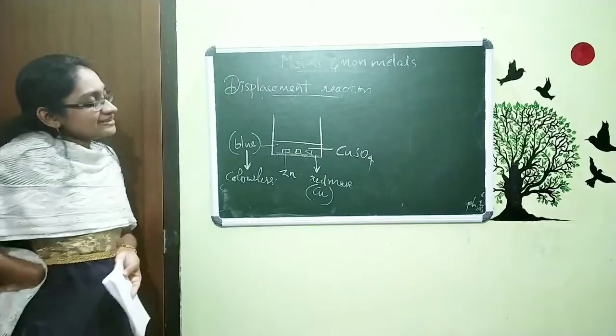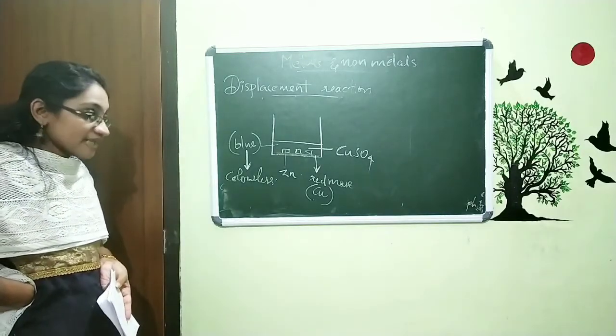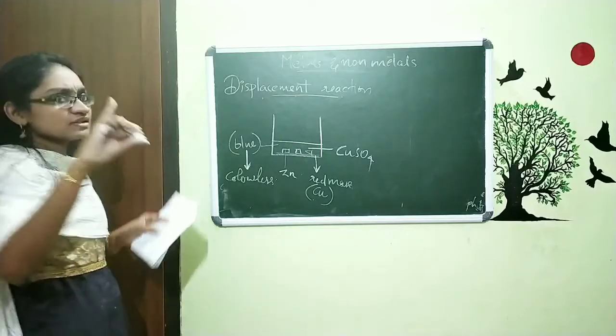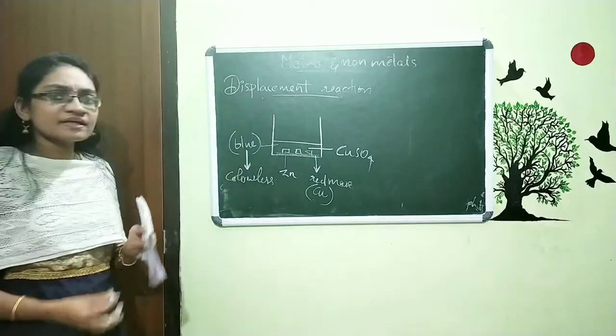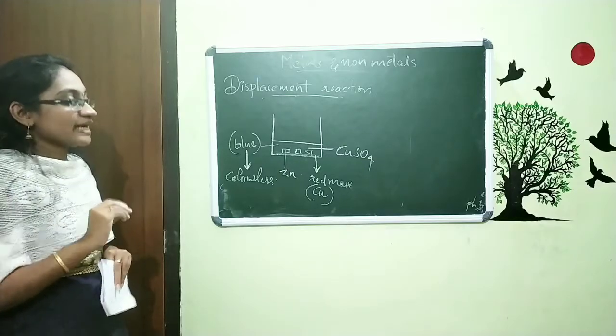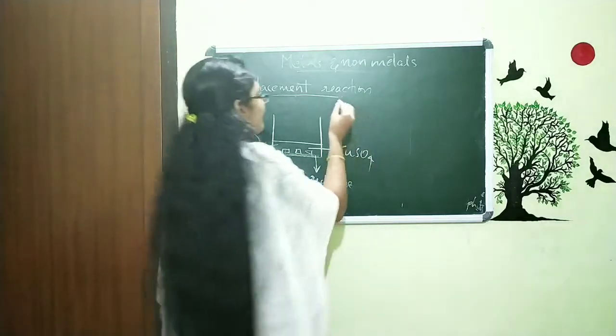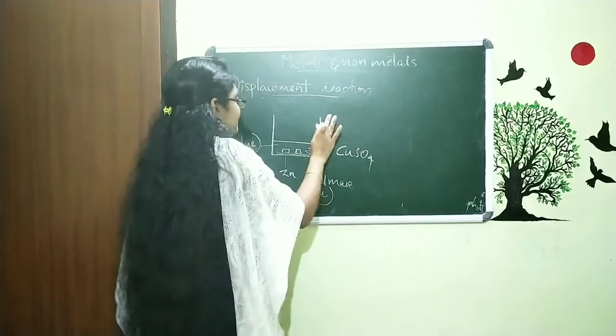Now the question is, why does this color change occur here? The color change occurs because one chemical reaction takes place. Now we are just going to write what the chemical reaction is. We can represent the equation like this.